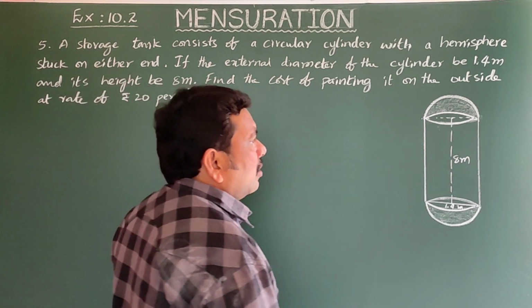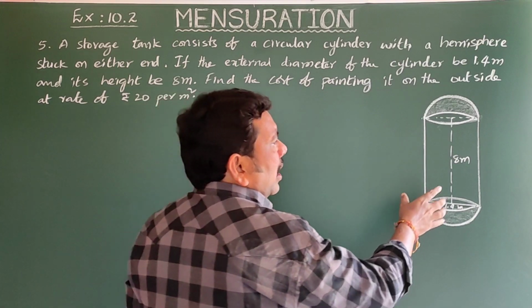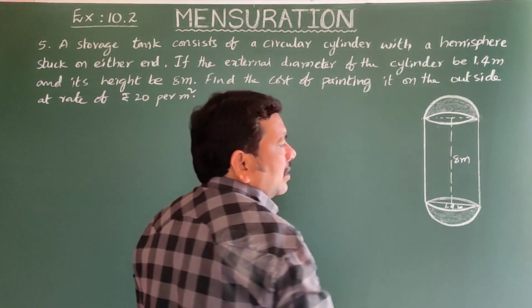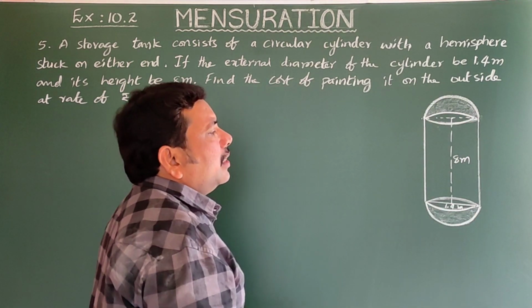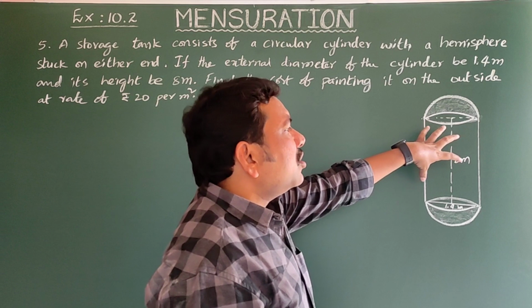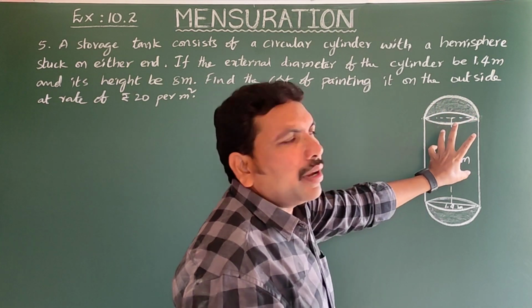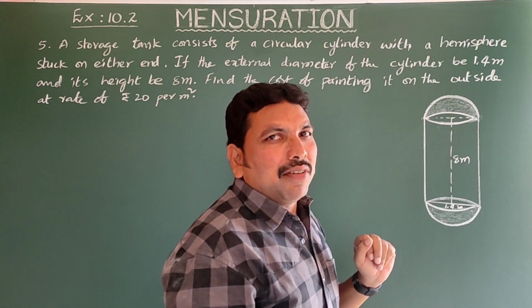A storage water tank is there. It is in the shape of a cylinder. Next, on either end there will be hemispherical stacks. Then what we have to find? The cost of painting the whole storage tank at the rate of rupees 20 per meter square.